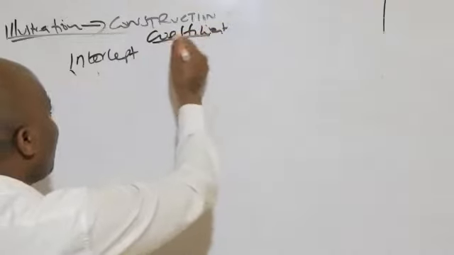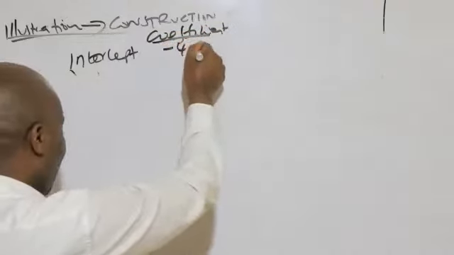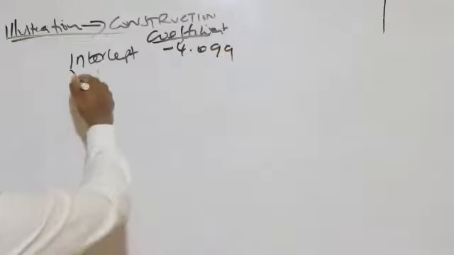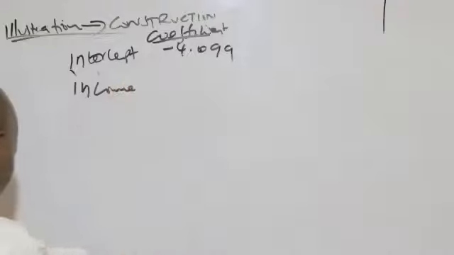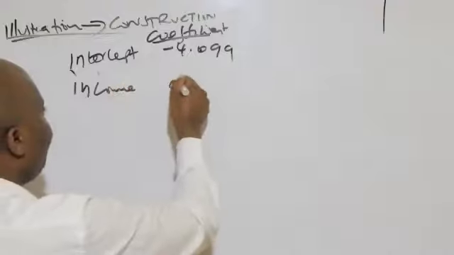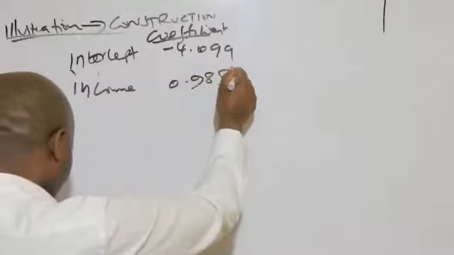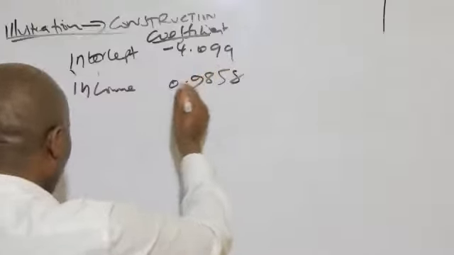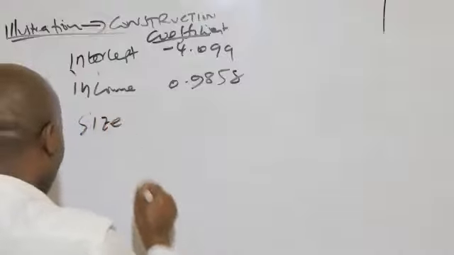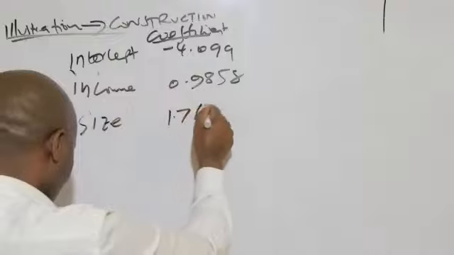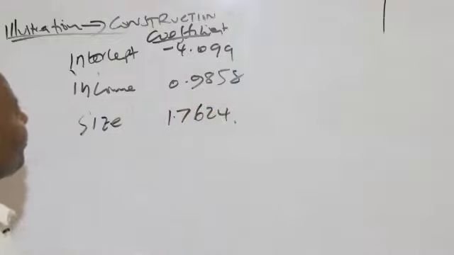The coefficient here is minus 4.099, and I will not write all those things. The coefficient of income they have given me is 0.9858. And then we have the size, which is 1.7624. So they want me to do something very easy, to give them a regression equation.